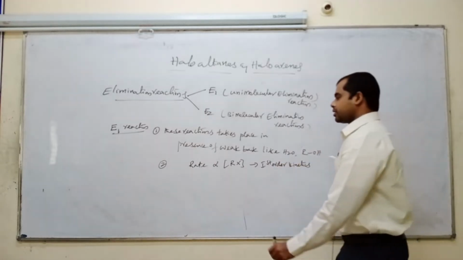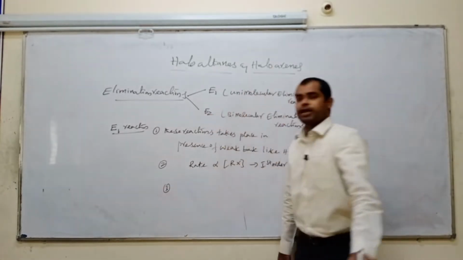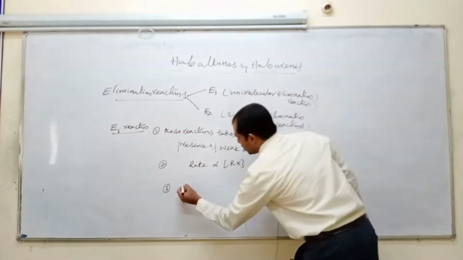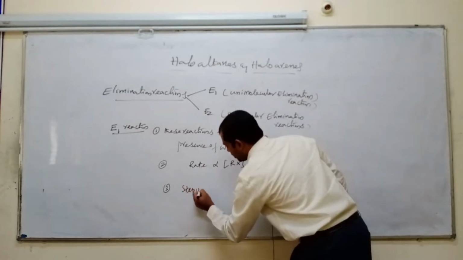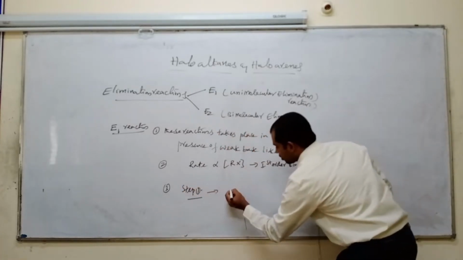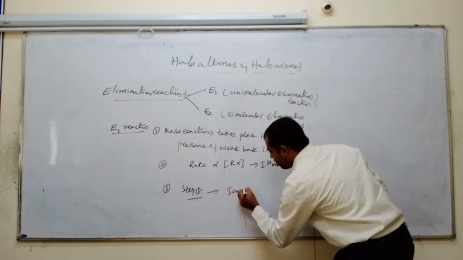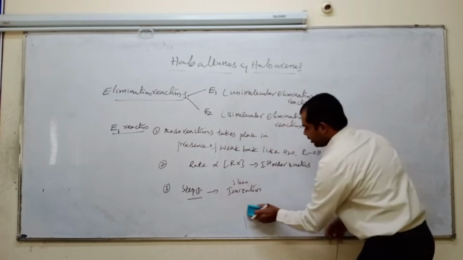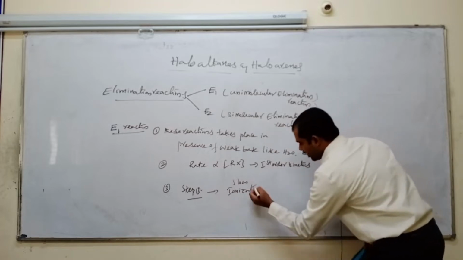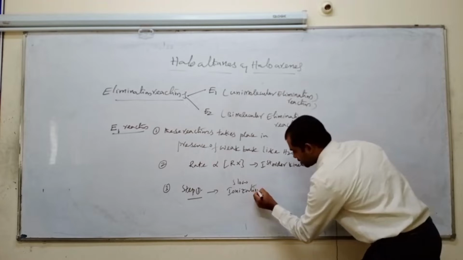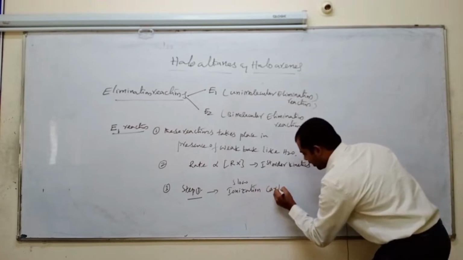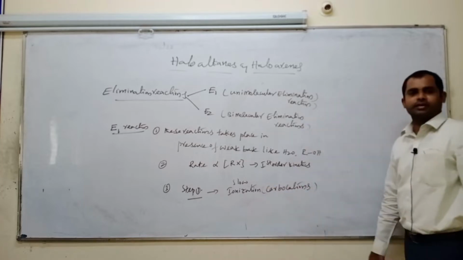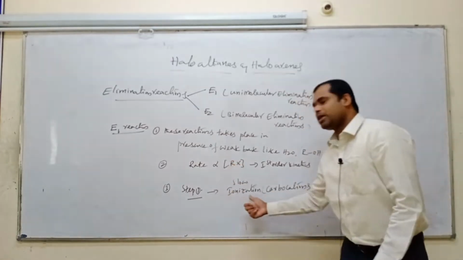In the E1 reaction, you can observe mainly two steps. Step 1 is slow ionization, which is slowly taking place and forms the carbocation.